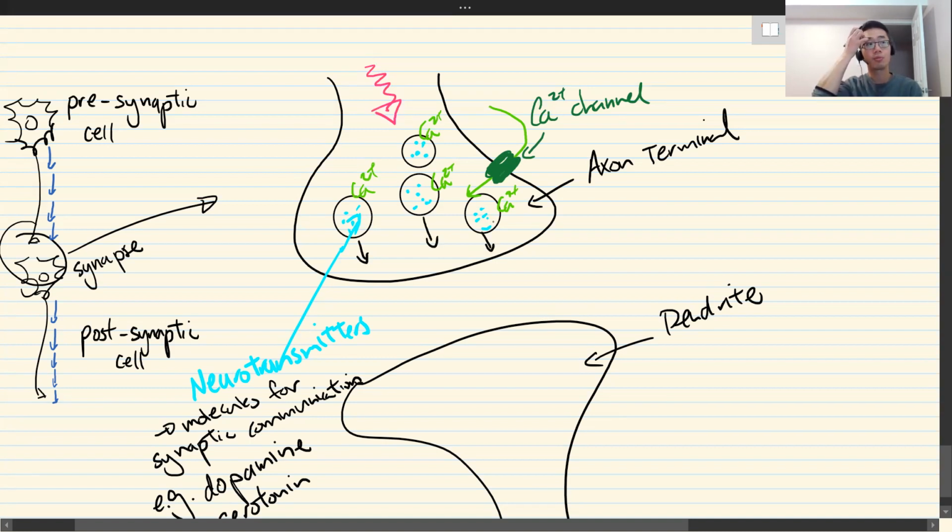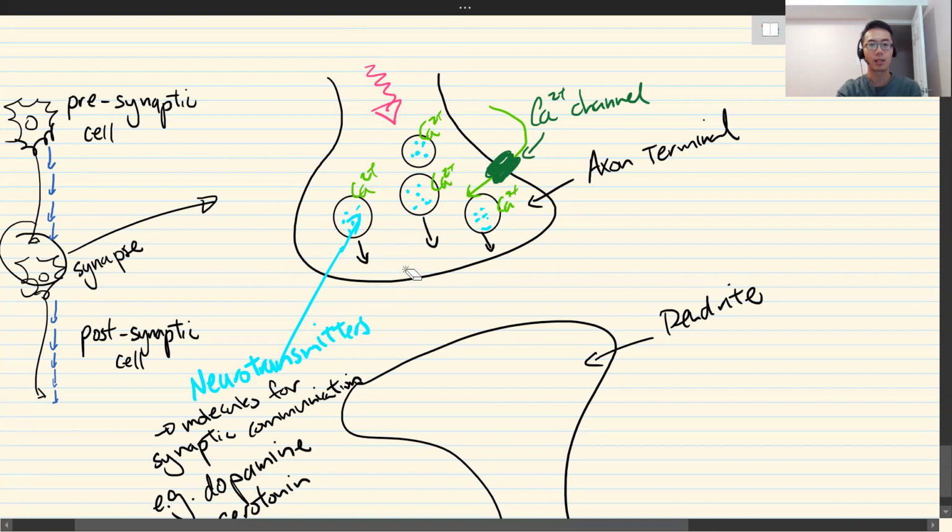Okay, so quickly recap. When the signal reaches the axon terminal, that will trigger the calcium channels to open. Calcium channels are only found in the axon terminal, not along the axon, okay? And then the calcium will come in, calcium binds the vesicles, and then the vesicle will move towards the edge.